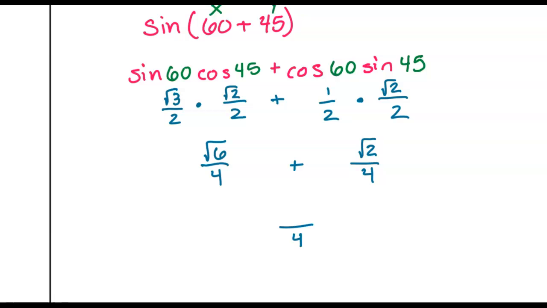They're unlike terms. Square root of 6 and square root of 2 are unlike terms. They can't be combined. You just write them next to each other. Just like if you had x and y, if you're multiplying x and y, it becomes xy. But if you're adding x plus y, they don't combine. It's just x plus y. Same concept.